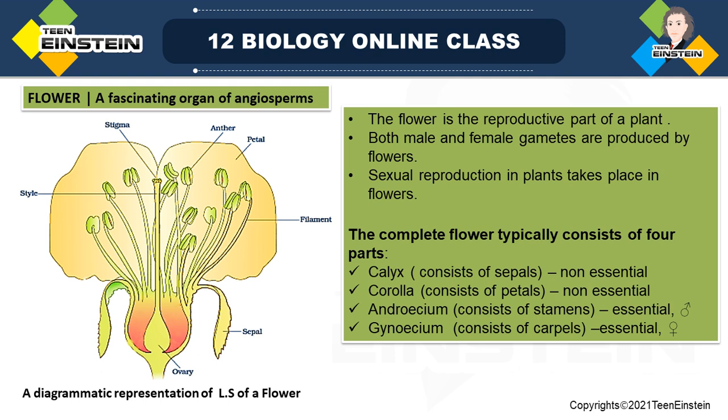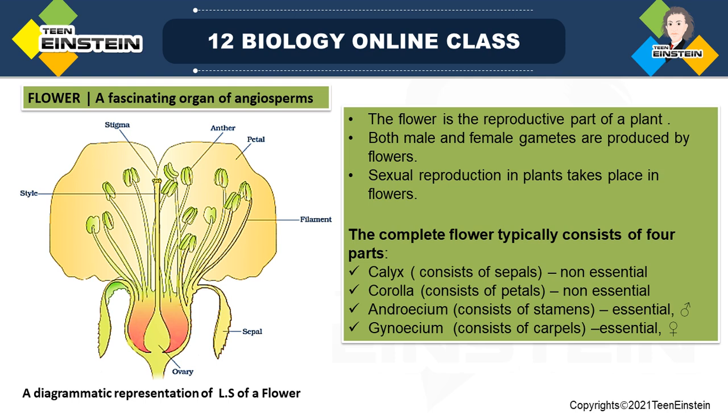Here I am using the same title for presenting this topic, because it is really a fascinating organ, because inside a very small flower also all these events are taking place. So it's really amazing, really wonderful.